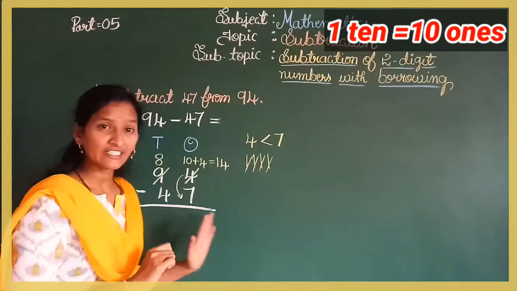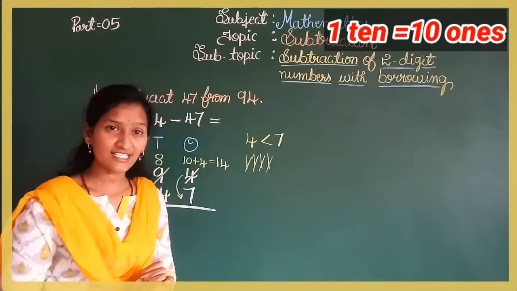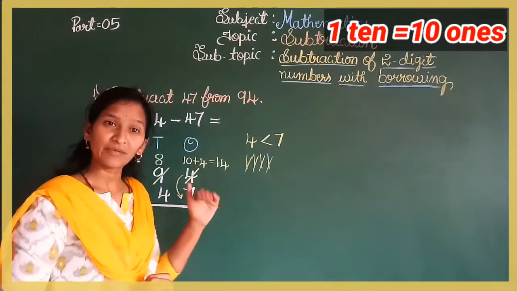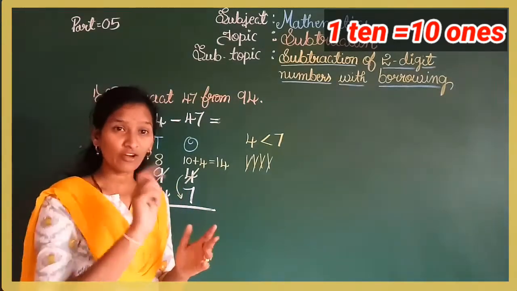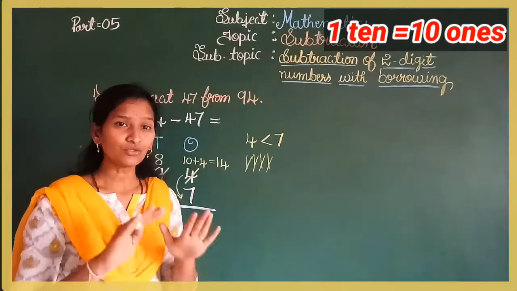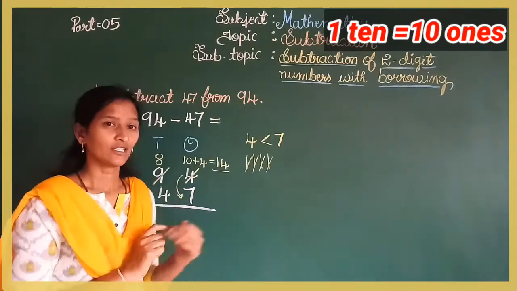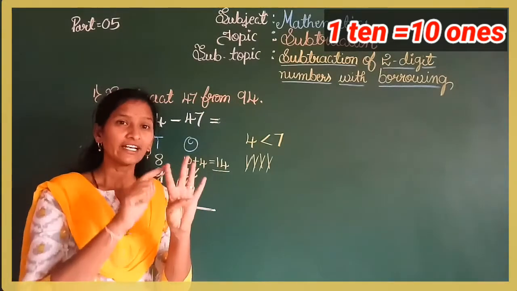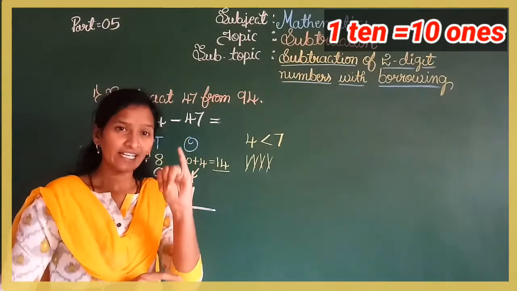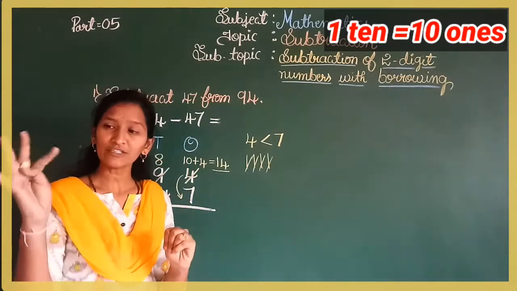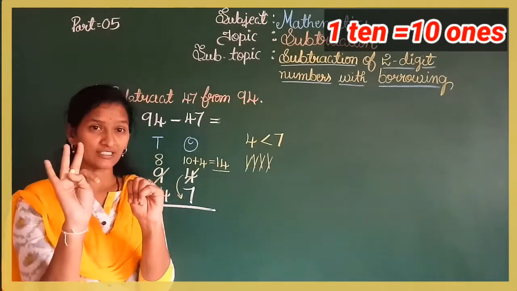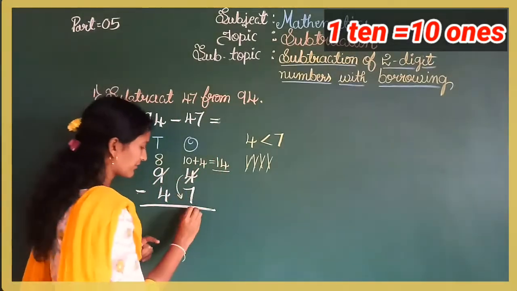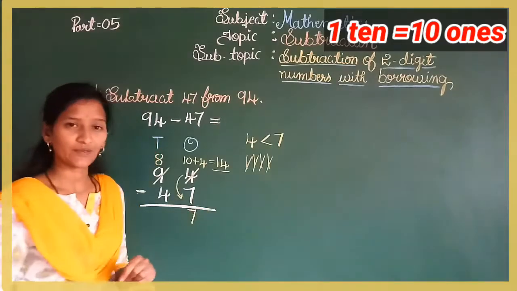Then you are getting its difference. Already you learnt in the previous video the subtraction by counting forward method, right? So now you have to use that method. 7, after that 8, 9, 10, 11, 12, 13, 14. So here in total I used 7 fingers. So 14 minus 7 is also 7.